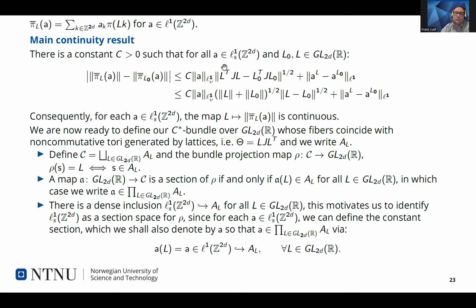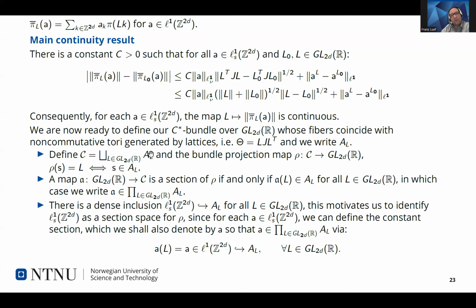And then you get this Hölder 1/2 condition, which is the key thing that we need to make this whole bundle construction work, to get these continuity conditions of the norms.